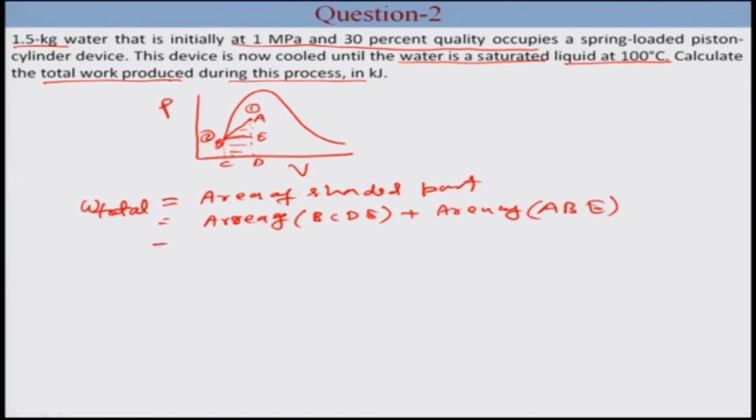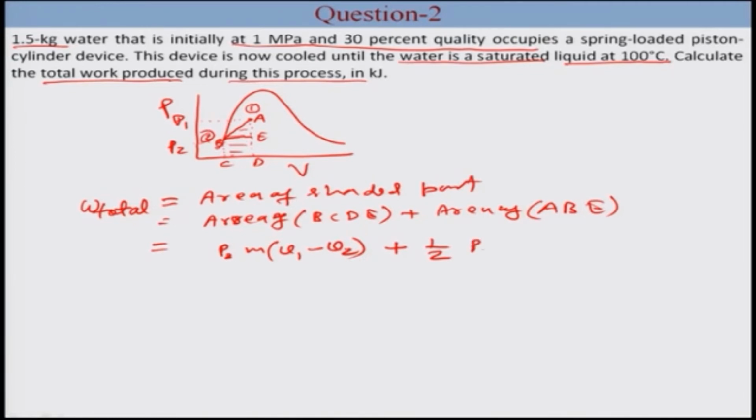The area BCDE will be, if we see the pressure at this state will be P1 and the pressure at this state will be P2, so the total area of BCDE will be P2 into the change in total volume, so the change in specific volume times mass, plus the area of this triangle, which is 1 by 2 AE into BE.